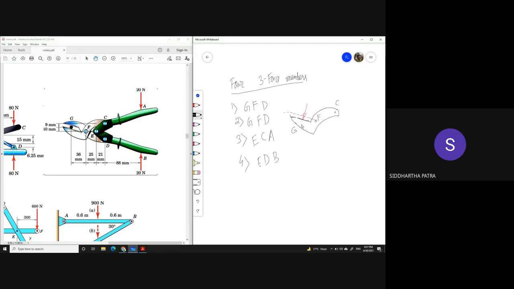If you were to show the center of the wire, that is at 36 millimeters from F horizontally, and vertically this location, that means where the center of the wire should be, is 10 millimeters.